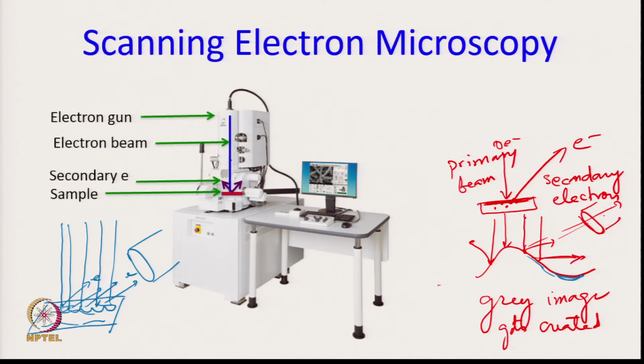At another point, the hill is in such a way that the electrons which are coming are very few, so it becomes a dark point or a gray point. By that we can create a gray image which is representative of the morphology of the sample surface. So, this is how a scanning electron microscope works.